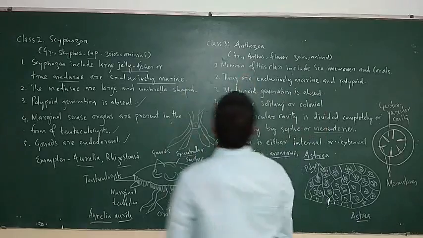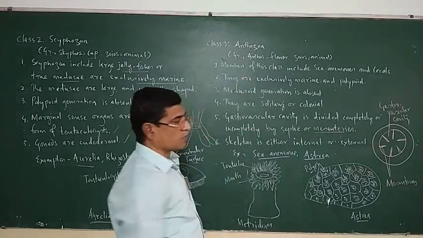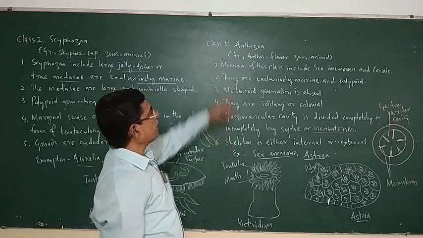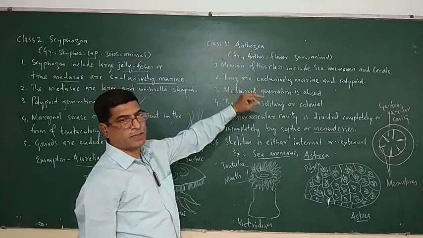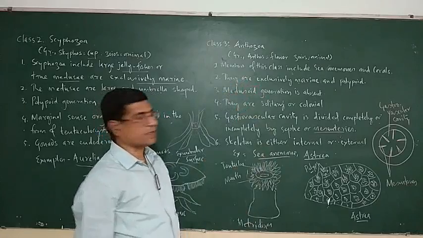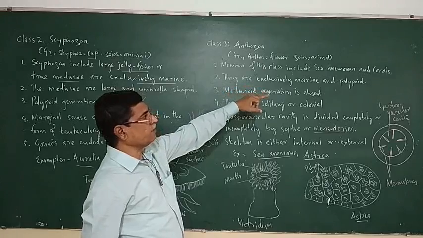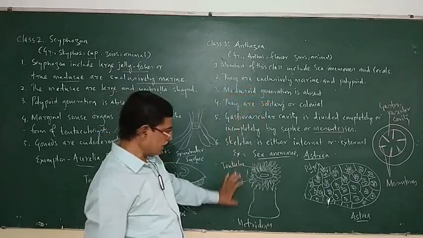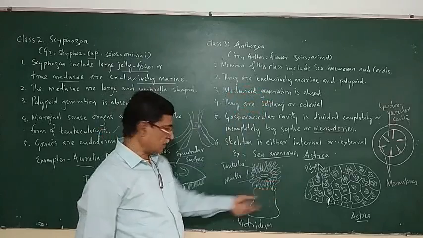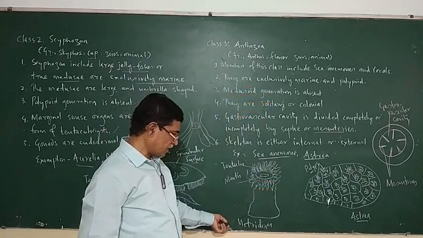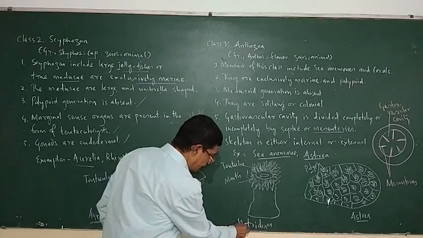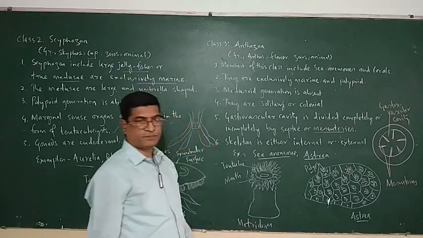Next, class Anthozoa. In Greek, anthos means flower, zoon animal, flower-like animal. Members of this class include sea anemone and corals. Sea anemone is scientifically known as Adamsia.